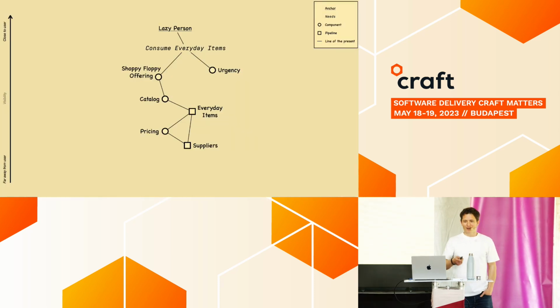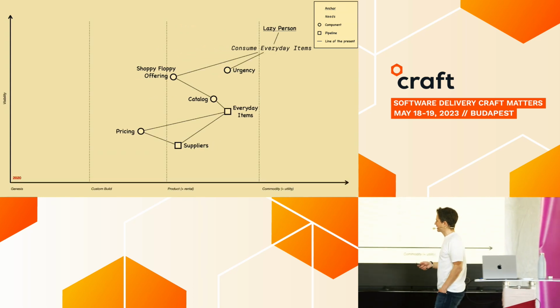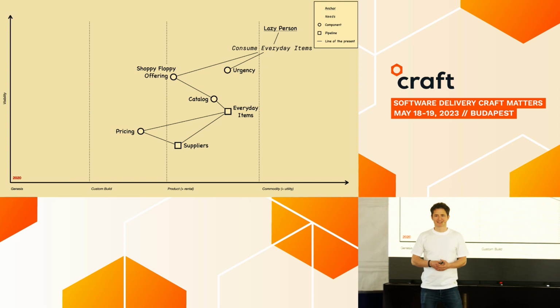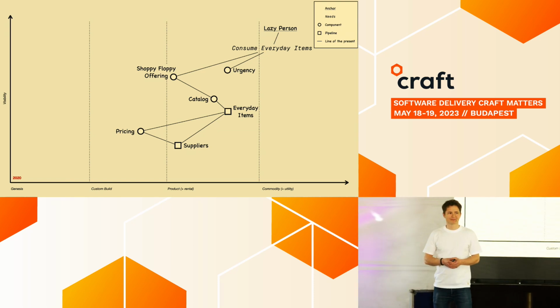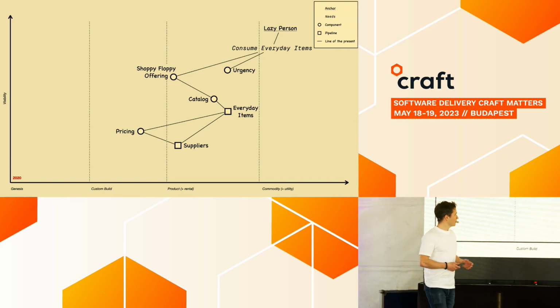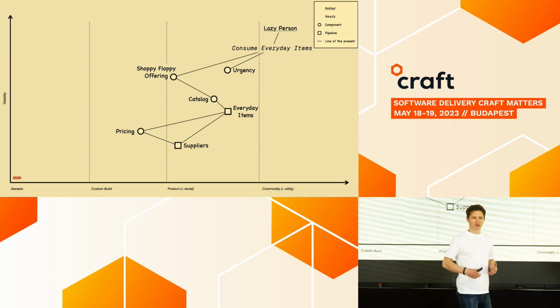So let's look at our Shopee Floppy example again, right? If I put all of these components in the corresponding quadrant, what do you notice? Anything that seems odd? So down here, we have pricing, which is far away from the user, right?